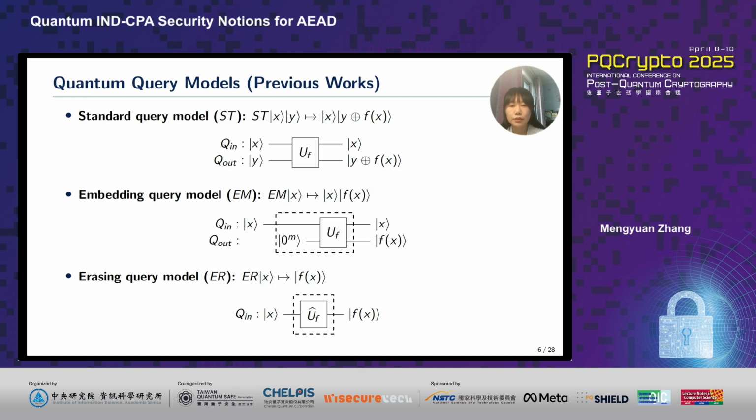The erasing model, also known as the minimal query model in other works, operates in an in-place manner, that is, the input and output share the same register. It directly maps |x> to |F(x)>.